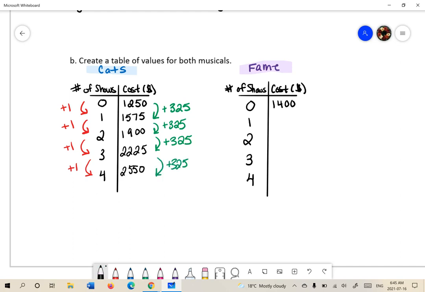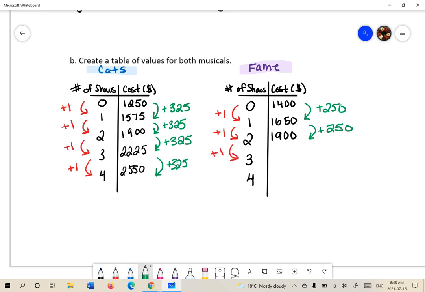For Fame, when x is increasing by 1, y is increasing by 250.